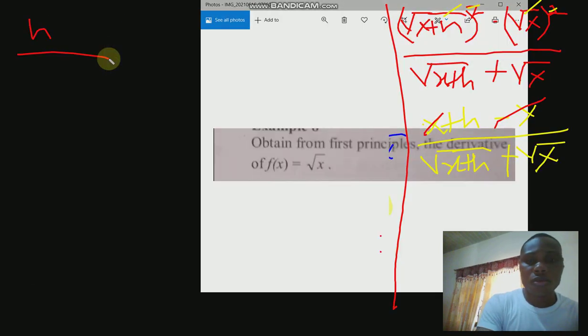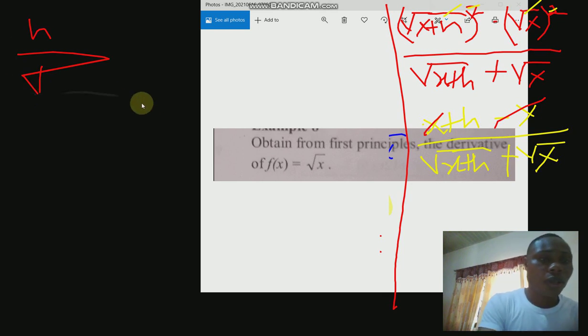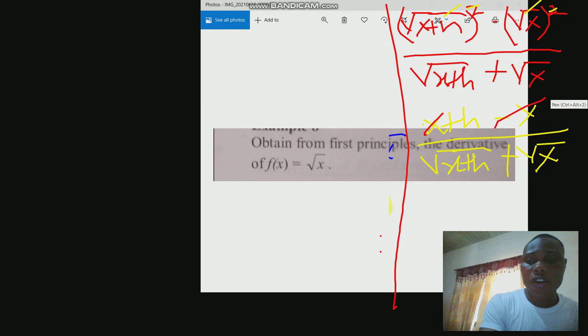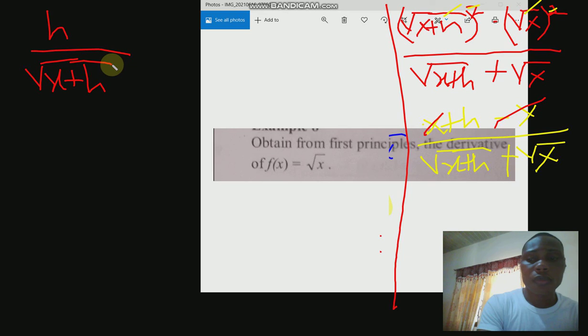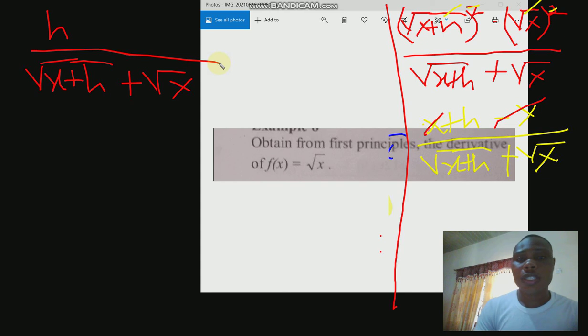That will be left with h at the top over root of x plus h plus root of x. So this is the numerator that we have. And then we have that this whole function.